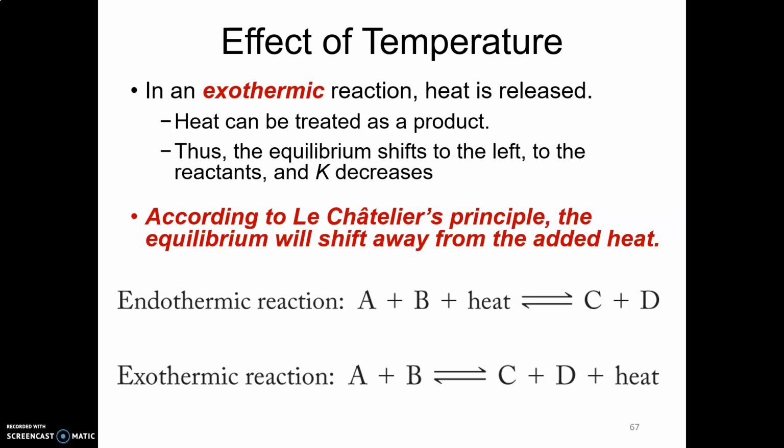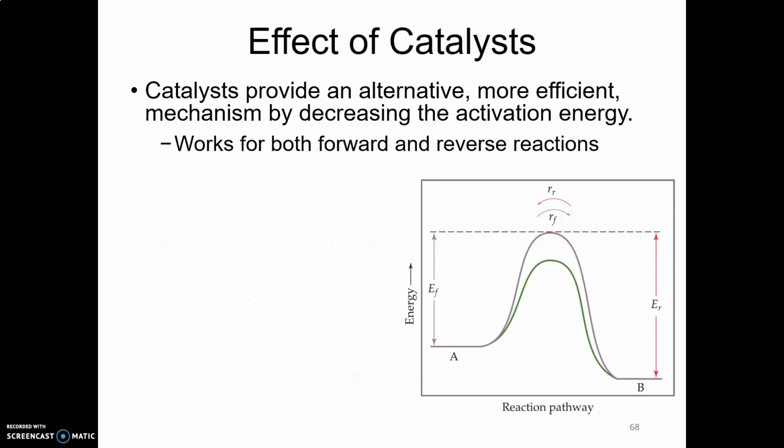Okay? All right. The last thing we need to talk about here is catalyst. You remember last chapter, we talked about their importance when it comes to kinetics, right? Because if you add a catalyst, it provides an alternative pathway, usually by increasing the number of steps. It speeds up the rates for both though, right? It speeds up the rates for the forward and the reverse to the same degree.